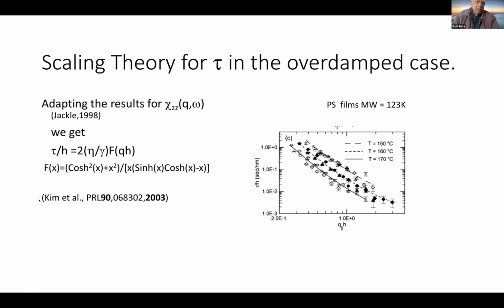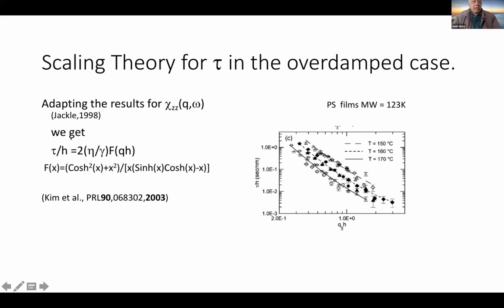Now, Jack Lee had done a theory in 1998, a full formal theory where he'd introduced a response function and left it at that in terms of a complicated expression. That didn't help experimentalists very much, right? So what you wanted to do was to take his expression and show that it led to a simple formula for the relaxation time as a function of Q and the viscosity and so on.